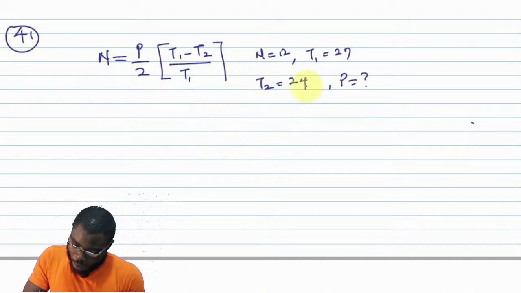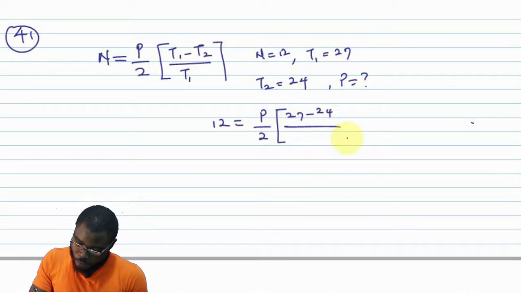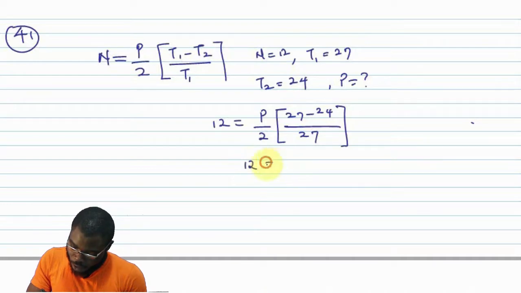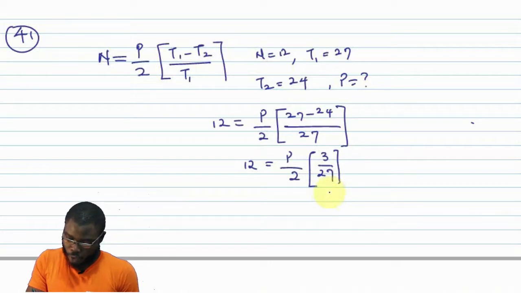So we have our n, which is 12, equals p, which we don't know, over 2 times (27 minus 24) all over 27. So 12 equals p over 2 times 3 over 27. Now you just do your cross multiplication.